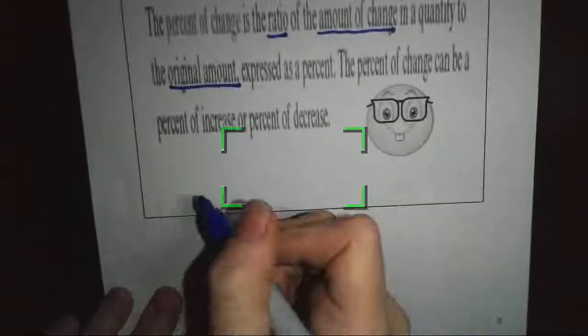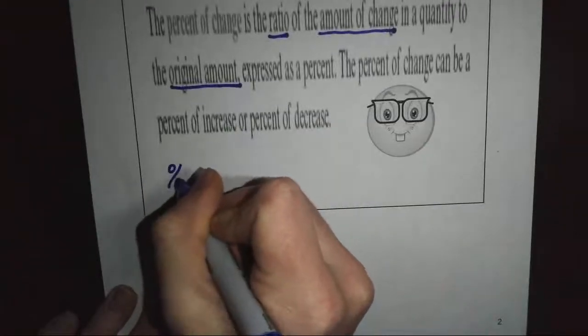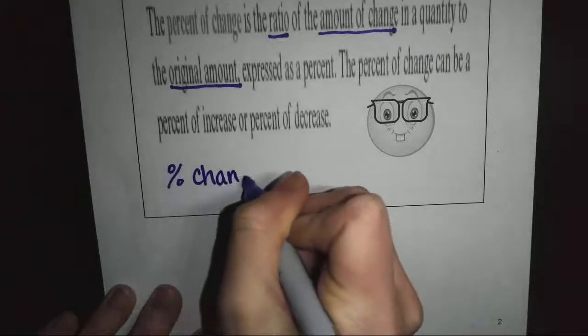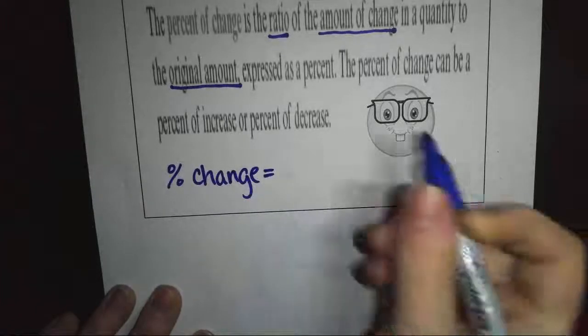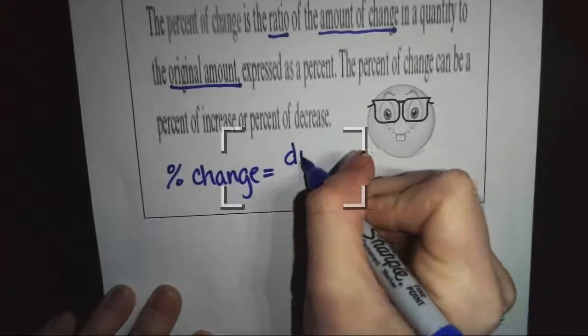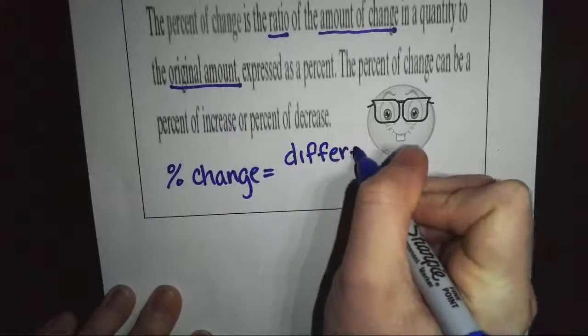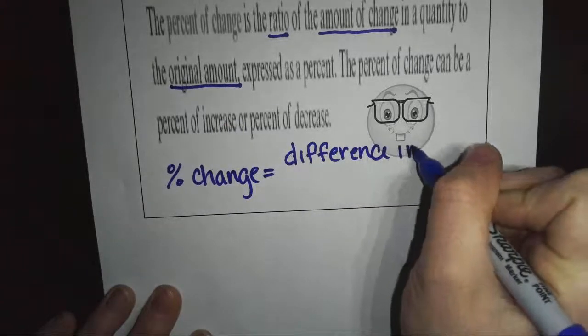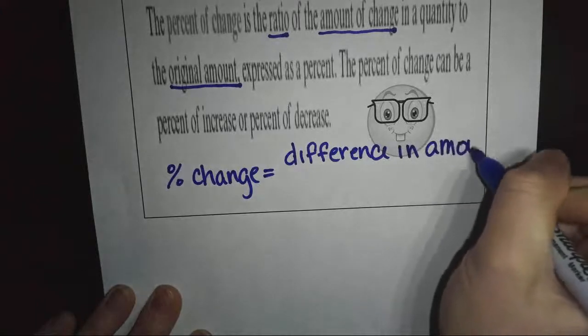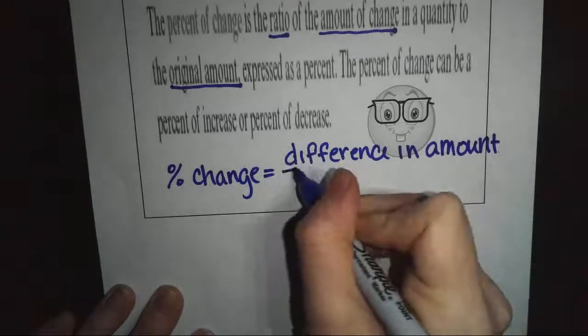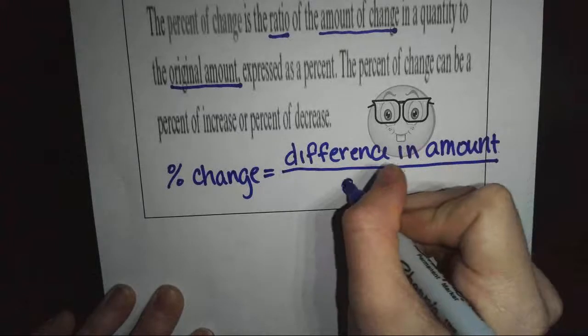So, in order to find our percent of change, we take the difference in the two amounts, or how much it changed, and divide that by the original.